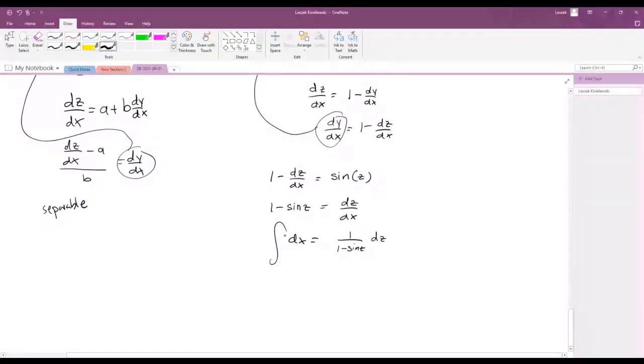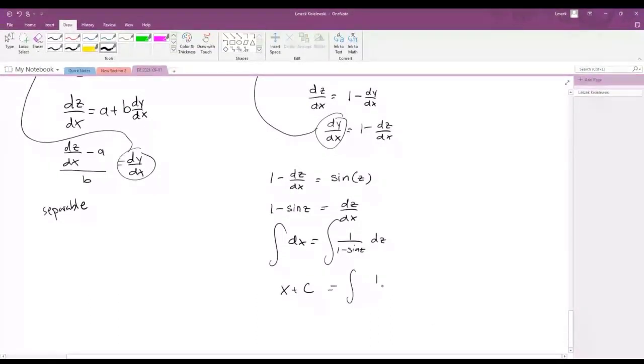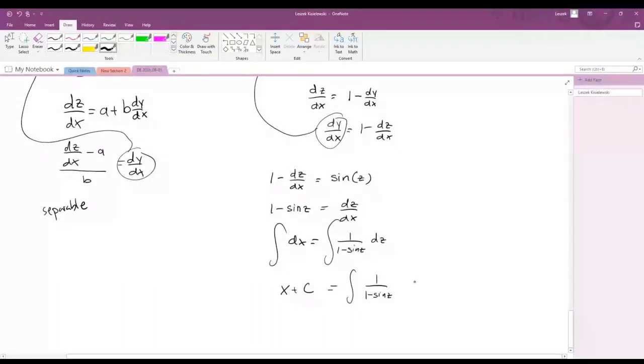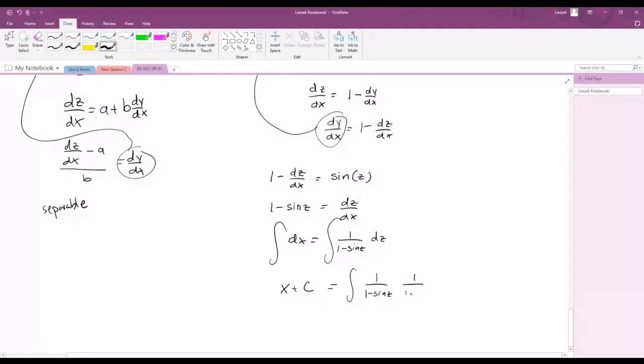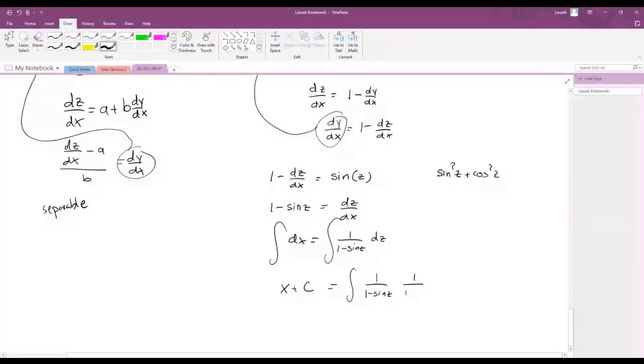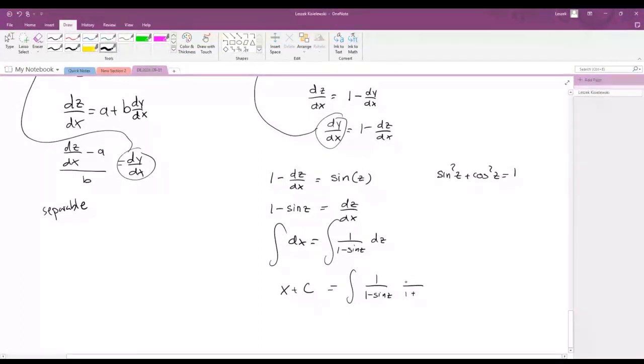So we continue the job. Anti-differentiate. And over here, you just have to use the correct integration technique. I guess we can try to introduce one of the trig identities, sine squared z plus cosine squared z equals 1, by multiplying the top and bottom by the conjugate of 1 minus sine z.